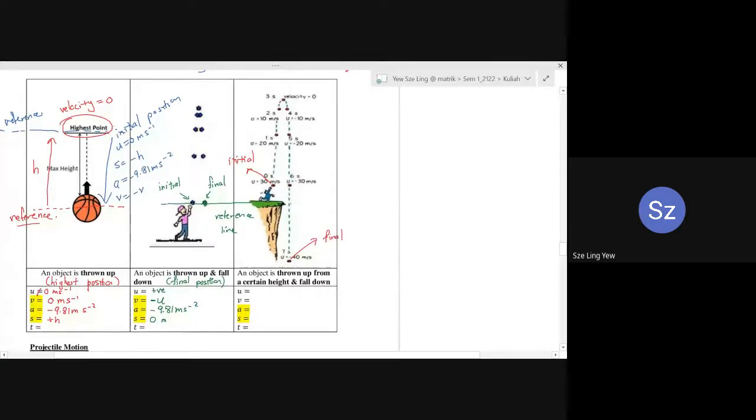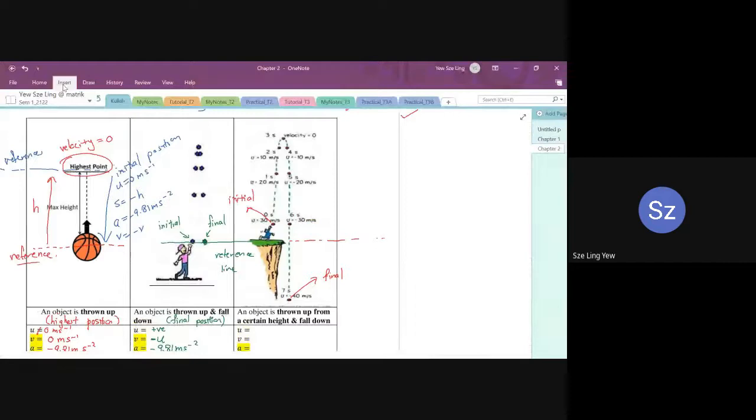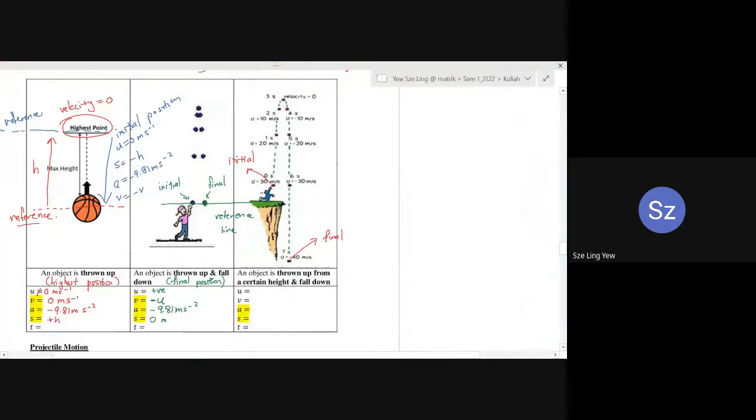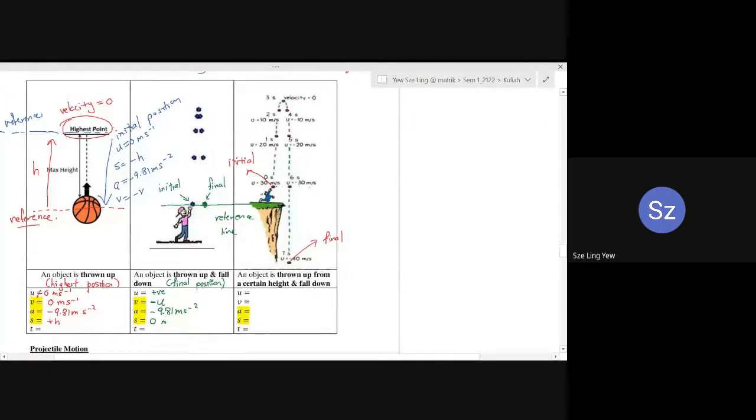The reference line should start from the object, so your initial position is here. This is your reference line. From here to here is h. Let's call it h.